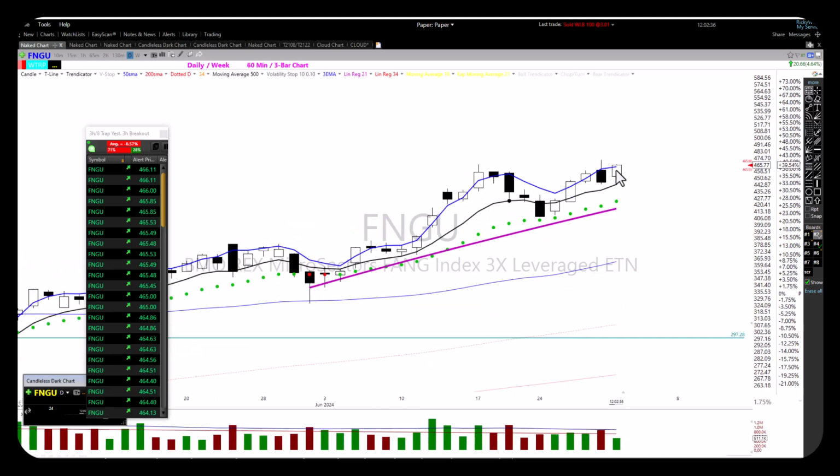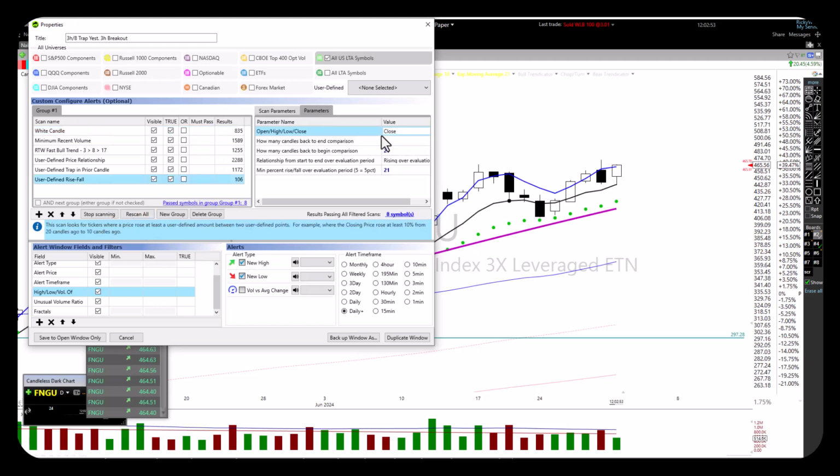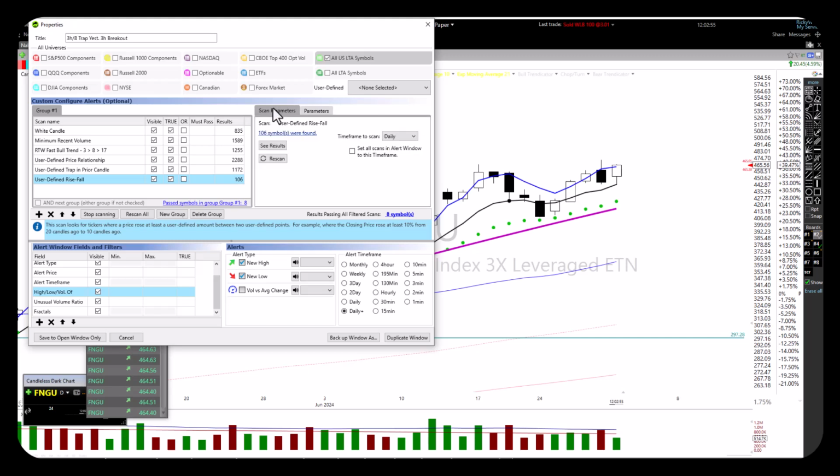See, that to me is a 3/8 trap breakout right there. So you've got a 3/8 trap breakout now. There's only 8. Maybe I can figure out a way to get more. This should be, yeah, that's where we want it.